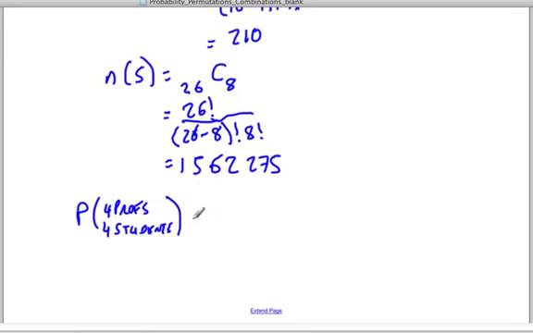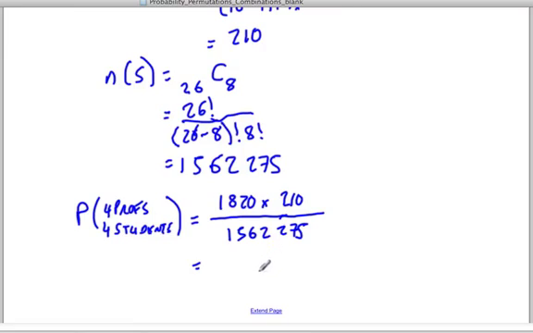So the total number of ways will be 1,820, which is the number of ways we can pick 4 students out of the 16, times 210, all over our sample set, which is from up here, 1,562,275. And this works out to be approximately equal to 24.46%.